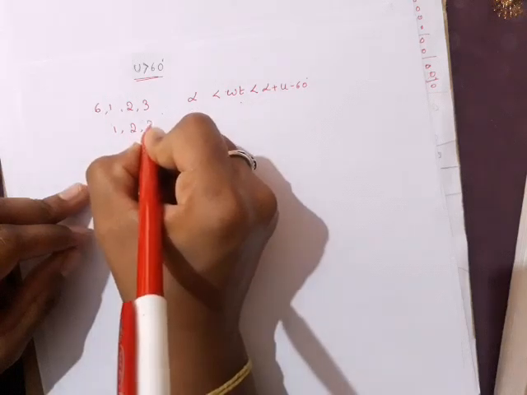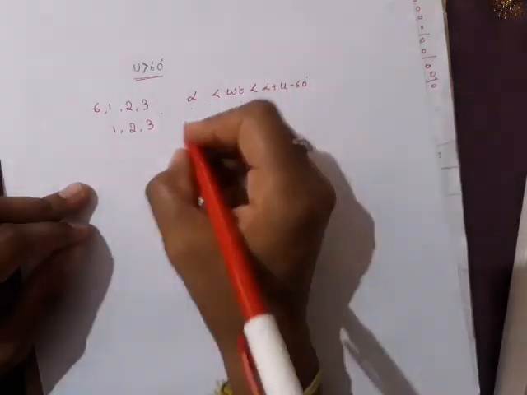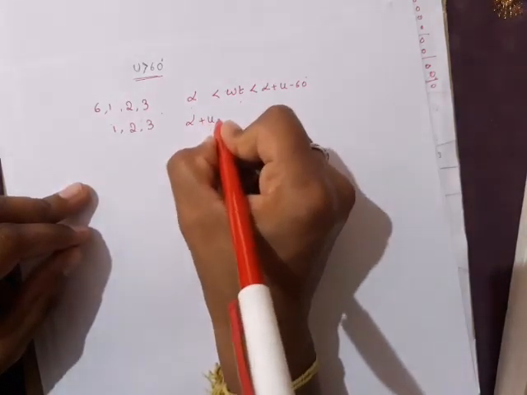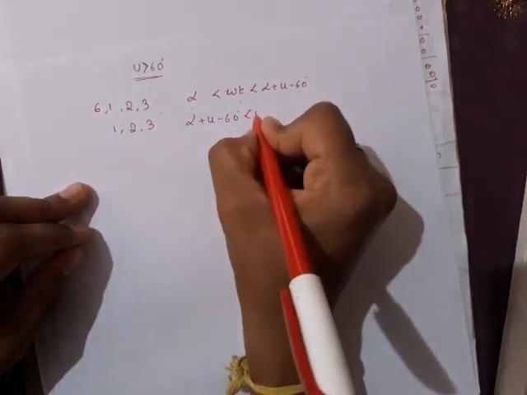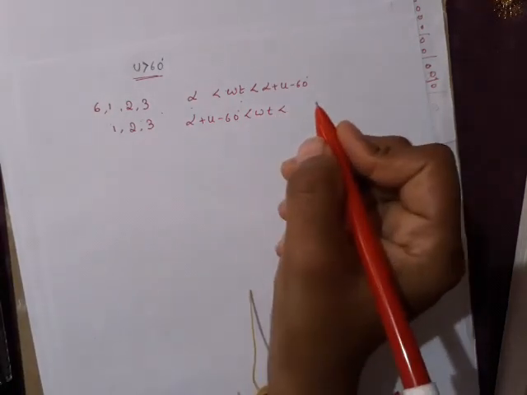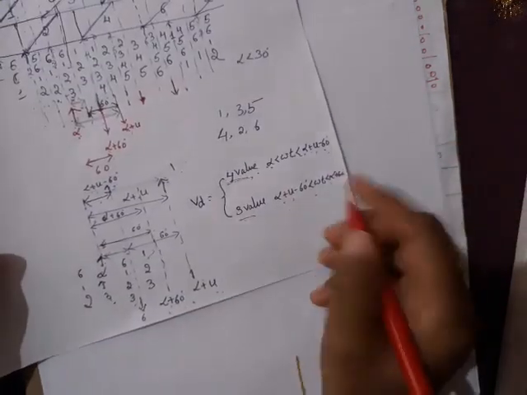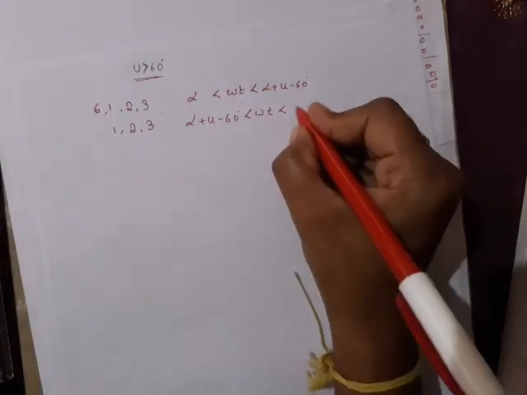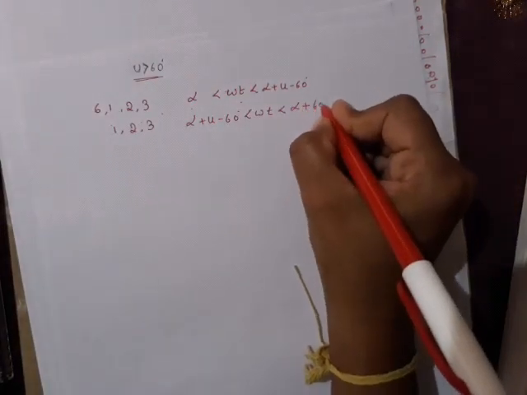Valves 1, 2, 3 continue to conduct. From alpha plus u minus 60 degree to alpha plus 60 degree, omega t is between these.